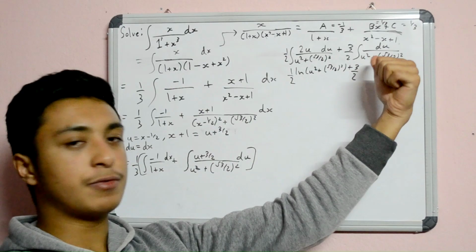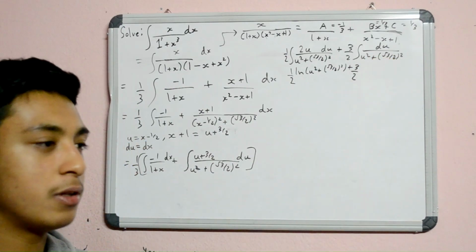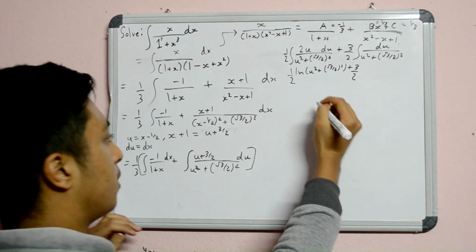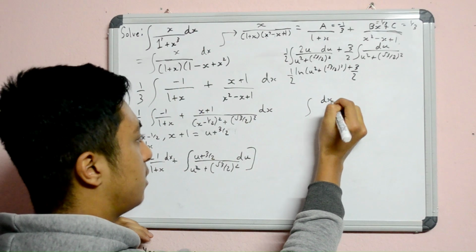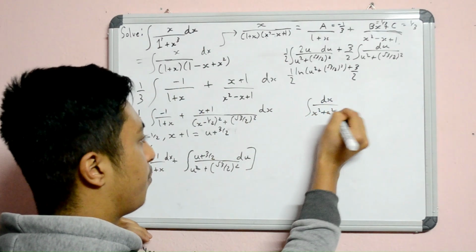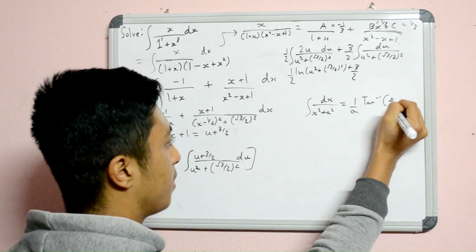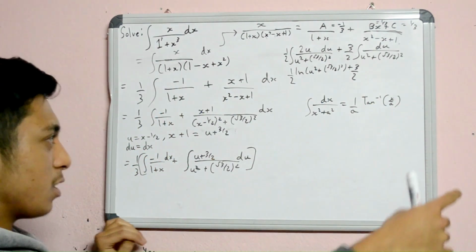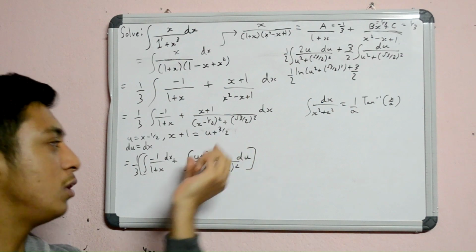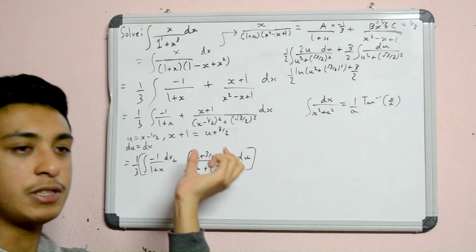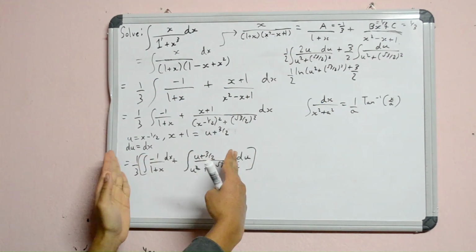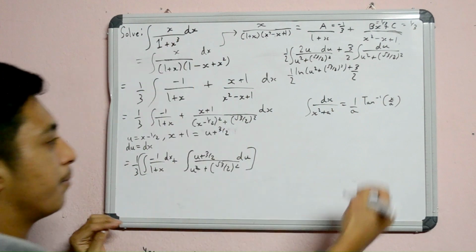The tangent case for this one, we have done it, the proof for this also. So if you have dx by x square plus a square, this equals 1 by a tangent inverse of x by a plus c. But in fact we're solving only this part, so let's not write plus c for that because we have to compute the whole question actually.